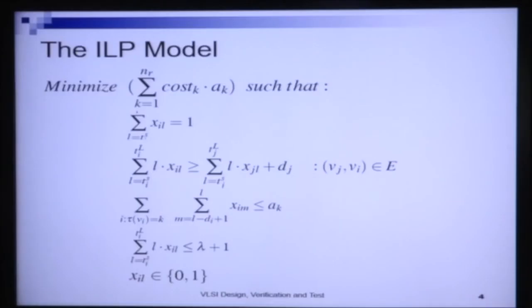So, the overall ILP formulation for the time constraint scheduling problem becomes: minimize the objective function such that the constraints that are specified hold. We will go through the constraints, just brushing them up very quickly.